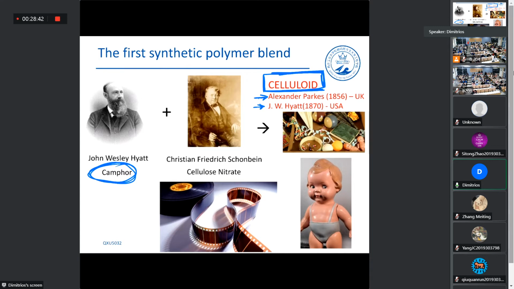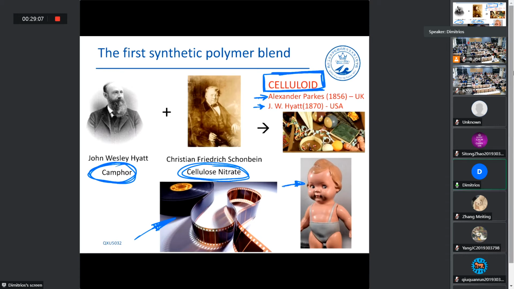So it evaporates if we leave it long enough in atmosphere. And cellulose nitrate, so they blended these two and they created celluloid, and celluloid essentially led the revolution for the production of films, but also led to the creation of these very ugly dolls like these ones, which are a bit creepy as well.